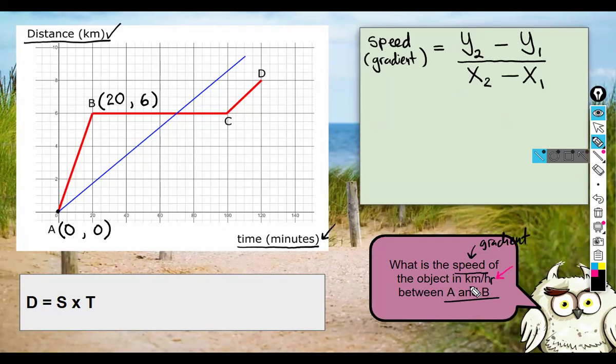Now, if I want my speed to be measured in kilometers per hour, I need to make sure that my time values are in hours. I can't have it in minutes. And you notice the examiner gave you what? The time in minutes. So this 20 here, that's really 20 minutes. But we know how to convert minutes to hours, right? I'll do the working somewhere on top here.